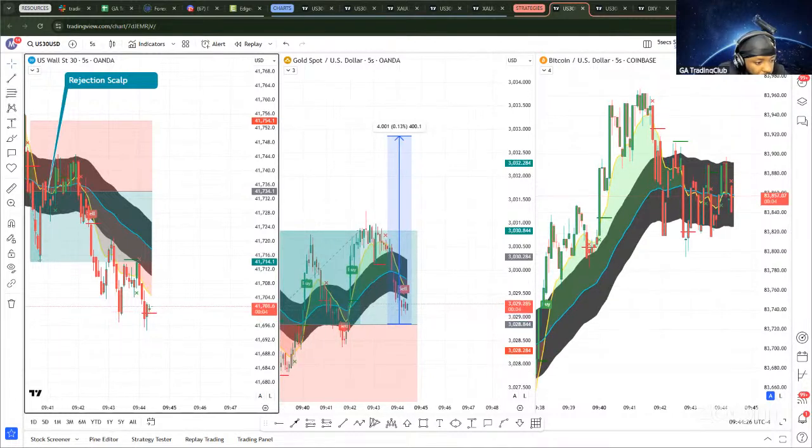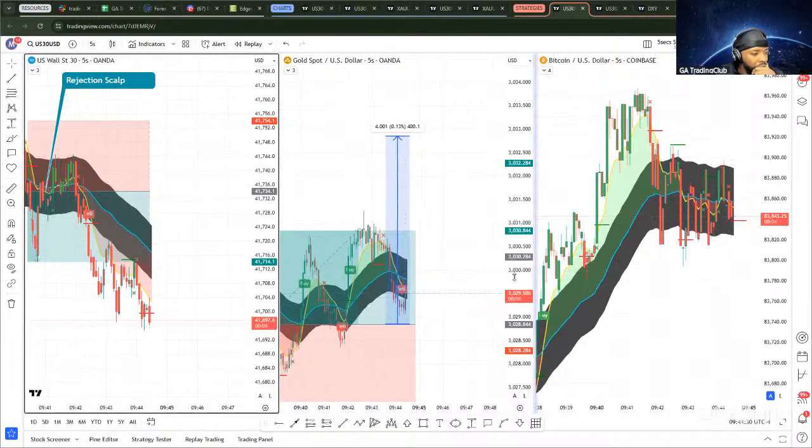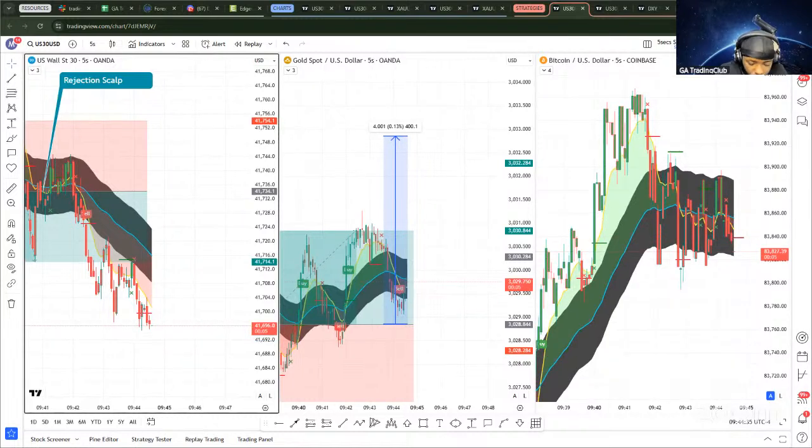If we're going for a 1:2, I think this one would be break even.